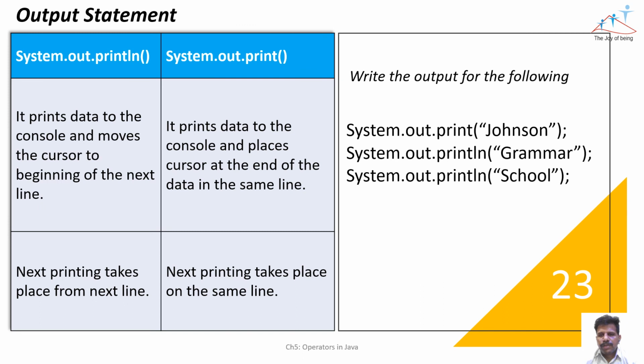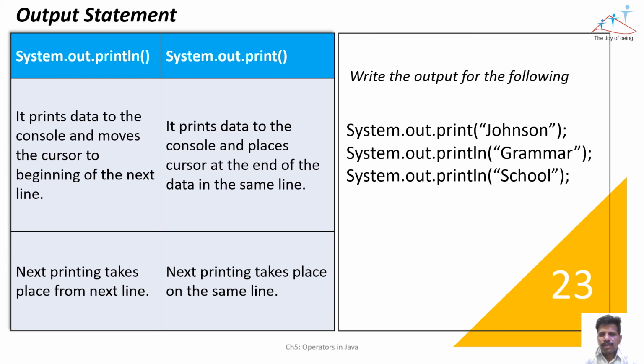If I use System.out.print, after printing Johnson, since it is print, the cursor will remain on the same line.